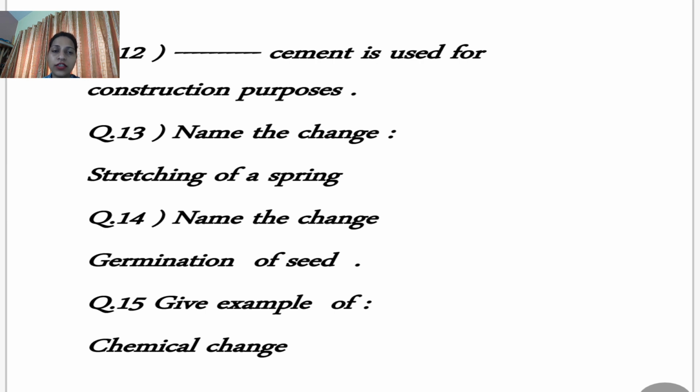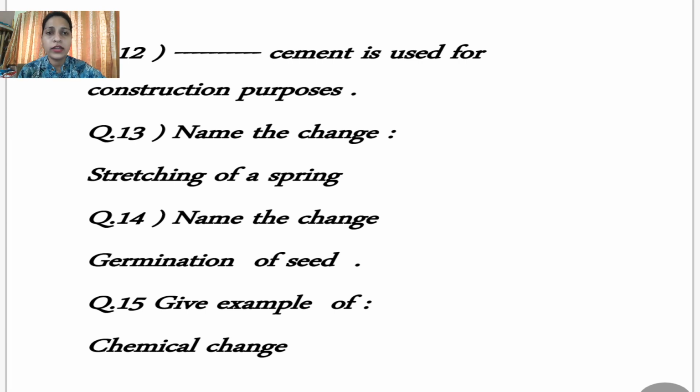Name the change. You have learned many changes in the lesson, physical and chemical change. So here you have to name the change: stretching of a spring. So what kind of change it is, that you have to write.